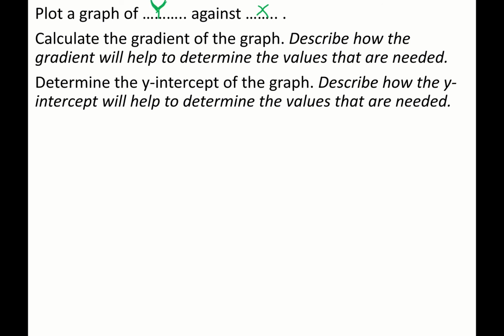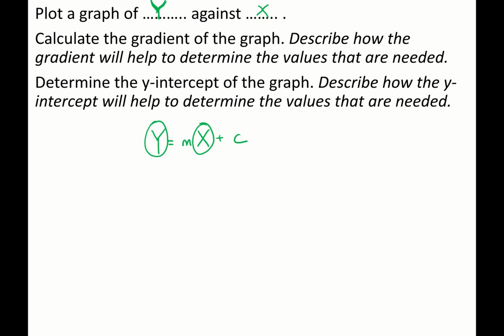Notice I put a capital Y and a capital X. It goes back to your original equation, which is y equals mx plus c. So I'm referring to this x and this y, depending on how you manipulated the equation.